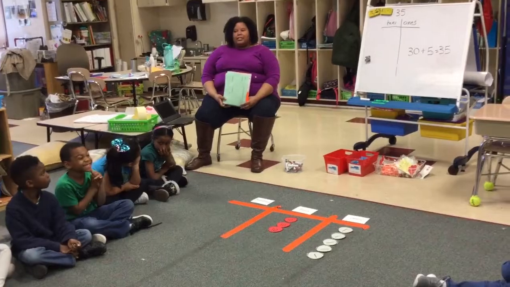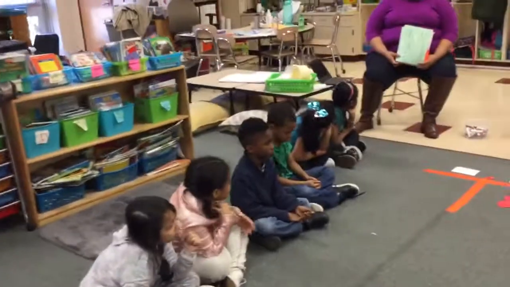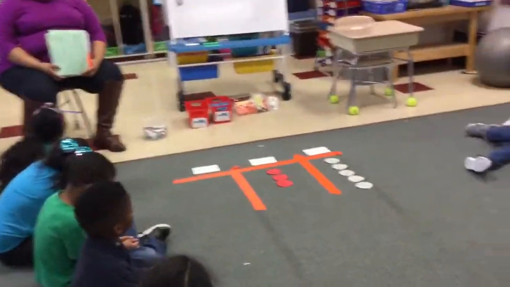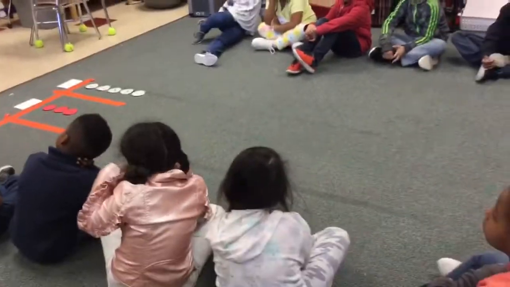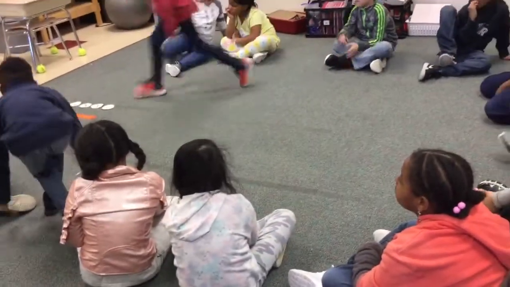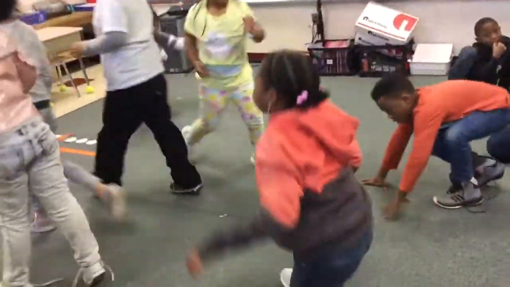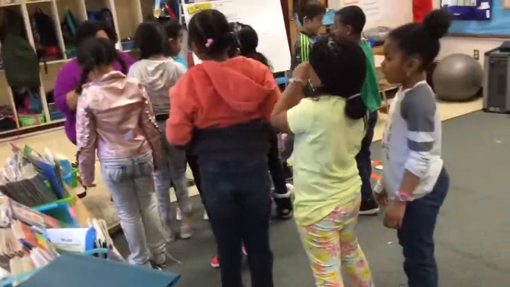And I'm going to be coming around to see what you're doing and if you can change it from standard form to expanded form. Everybody got that? Yes. All right. So if you are a boy, walk and get a marker. If you're a girl, come walk and get a mat. Can we do any number? You can pick any number as long as it's not more than 100 or less than 10.